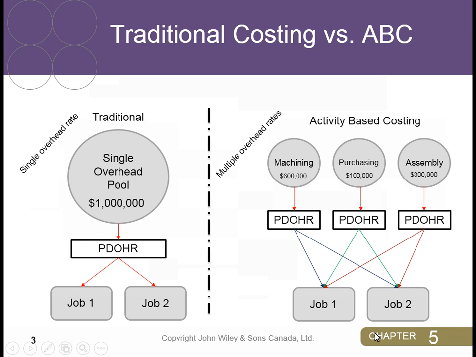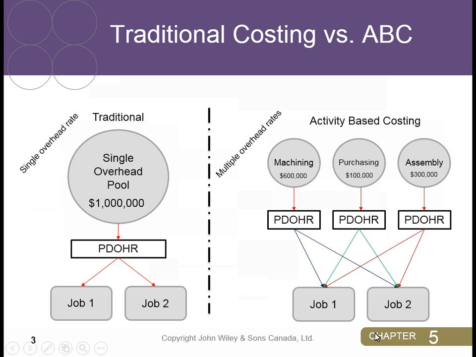In a traditional costing system, you have a single overhead pool, and let's pretend there's $1 million in overhead in that pool. We select a single rate to come up with a single predetermined overhead rate, used to apply overhead to every job. Say it's $1 million divided by estimated machine hours, giving X dollars per machine hour.